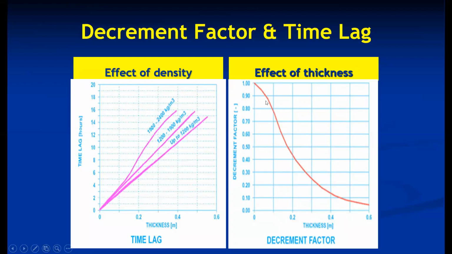And as thickness increases, time lag increases, and it also increases with increasing density. Now consider the effect of thickness on the decrement factor. As the thickness increases, the decrement factor decreases drastically. It tends to 0 for a very thick wall, and it tends to unity for a very thin wall.